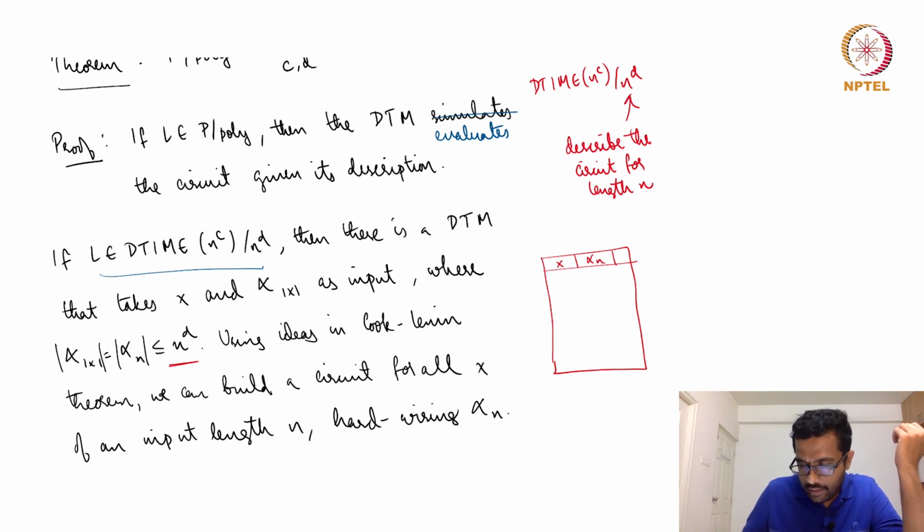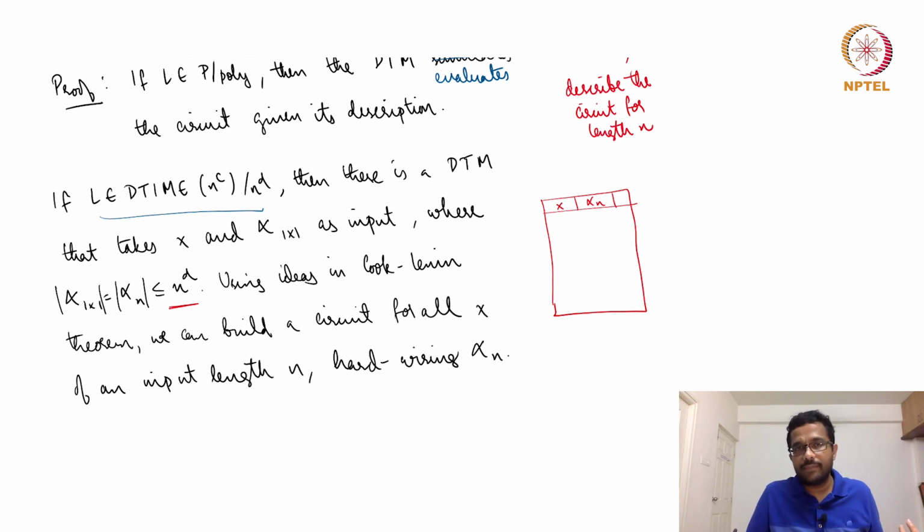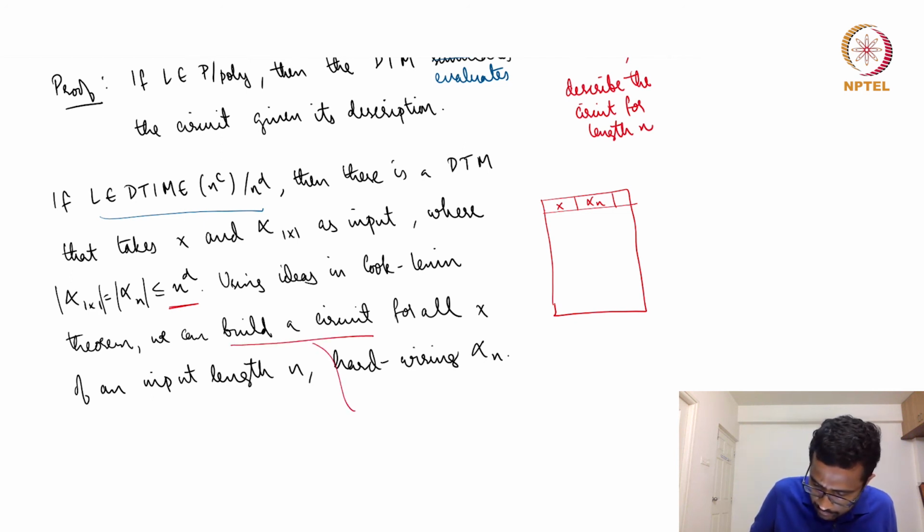That circuit will take x and alpha_n as inputs, but alpha_n is fixed for a certain input length, so we could hard code alpha_n into that circuit, which may possibly simplify it. So we can build a circuit for this by the proof of the Cook-Levin theorem.